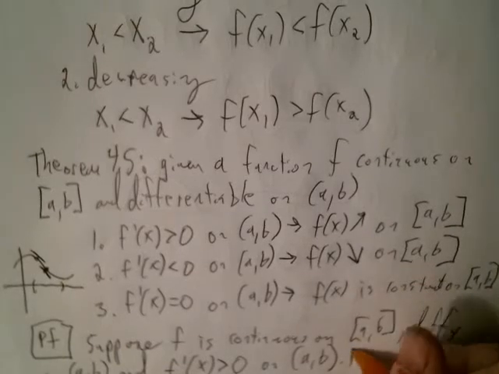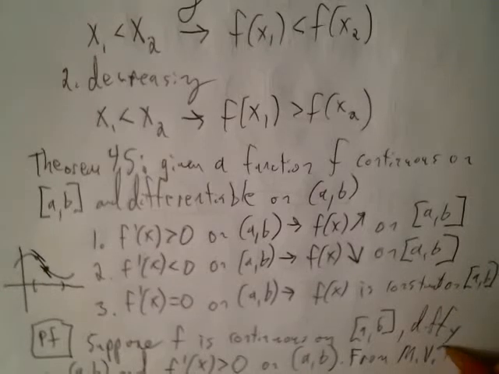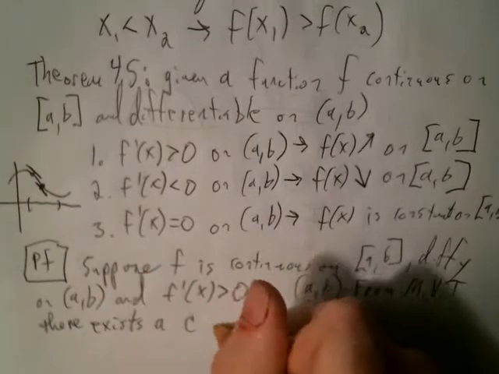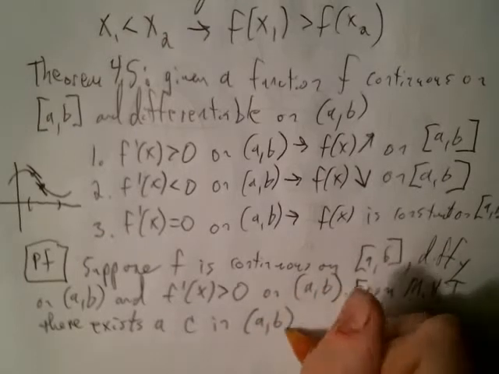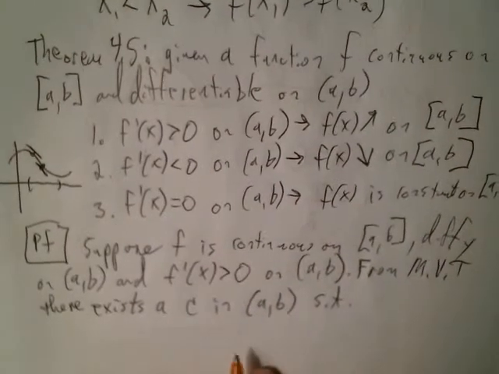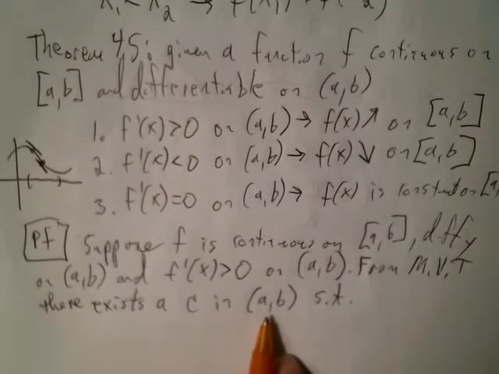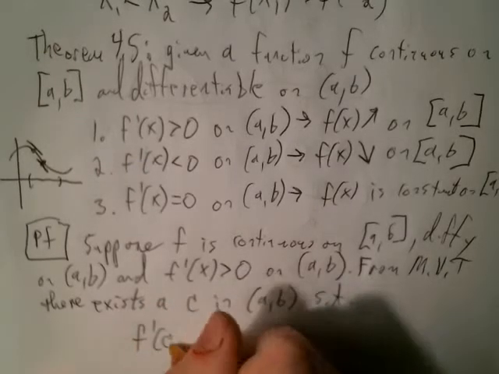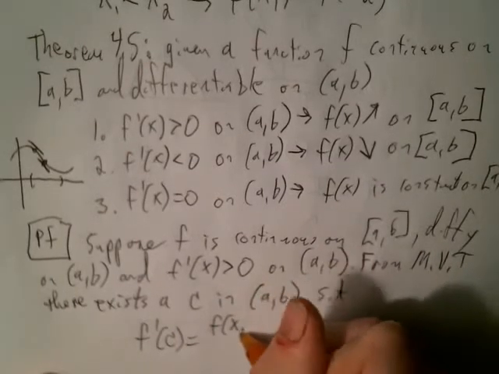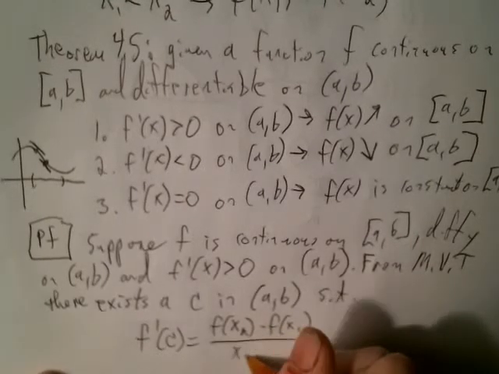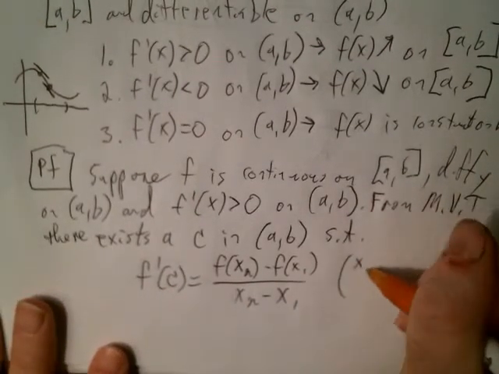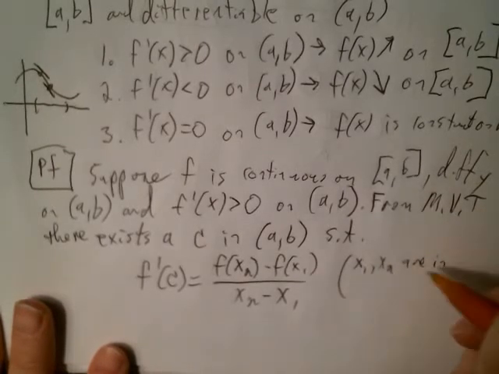In that case, from the mean value theorem, we'll just abbreviate MVT, there exists a c in this interval from a to b such that, if we take two particular points in this interval, so it'll hold for any two points in this interval, and we'll just consider generic x1, x2, there will exist a c such that f prime of c will equal f of x2 minus f of x1 all over x2 minus x1, where I just did not note that x1, x2 are in the interval a, b.